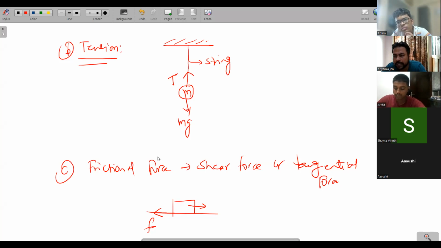And nuclear force, we do not have to study much about. Even the definition is not required here, because we know that in the nucleus we have protons and neutrons. Protons are positively charged, so they will repel each other.